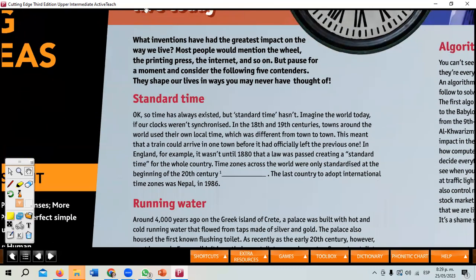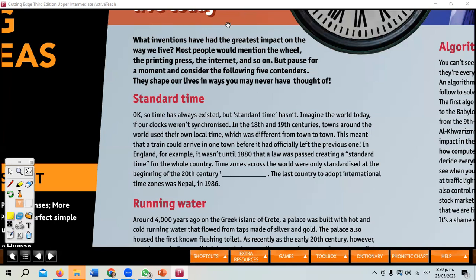Let's continue with Manuel. The first one is standard time. Okay. So time has always existed, but standard time hasn't. Imagine the world today if our clocks weren't synchronized. In the 18th and 19th centuries, towns around the world used their own local time, which was different from town to town. This meant that a train could arrive in one town before it had officially left the previous one.